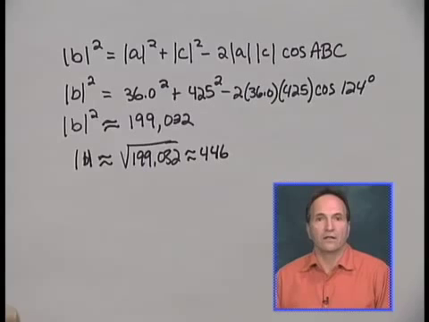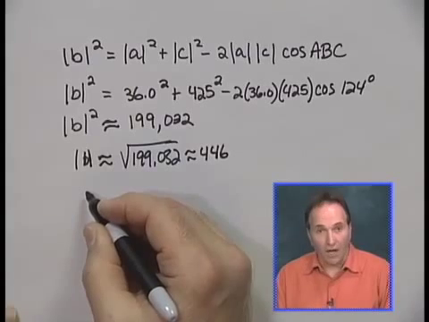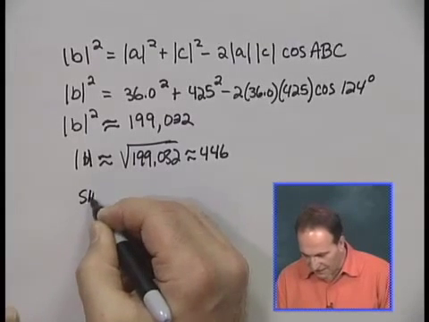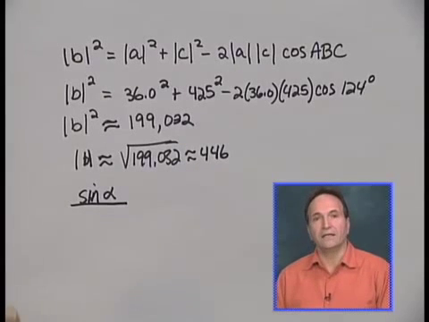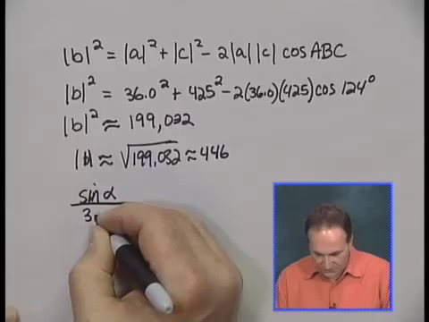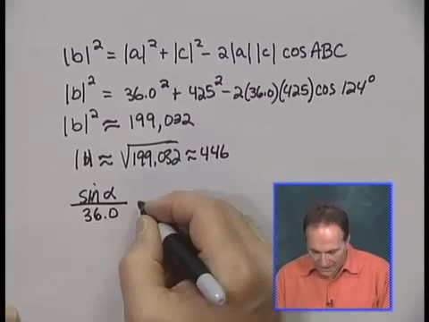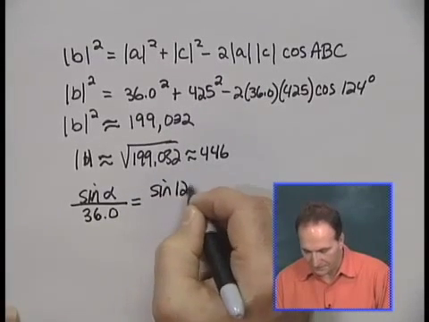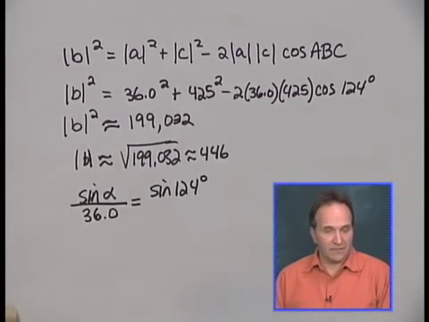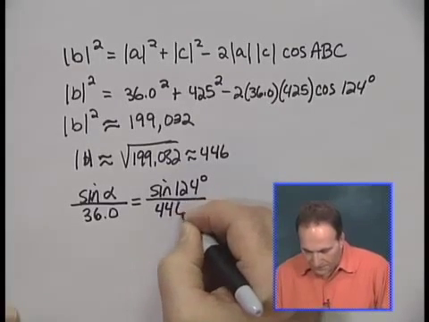Now that we have the length of B, we can use the law of sines to help us find angle alpha, the way we called it. So we write the law of sines: the sine of angle alpha divided by the side opposite, which was vector A, 36.0, is equal to the sine of 124 degrees, which is angle ABC, divided by the side opposite it, which is side B, 446.